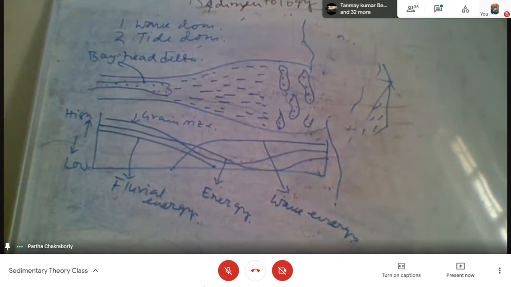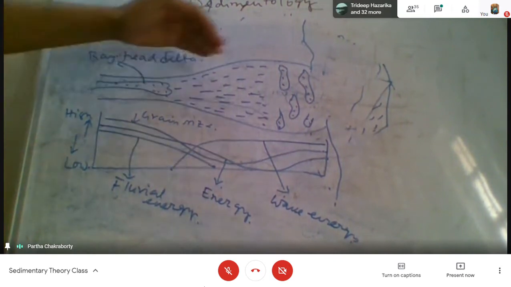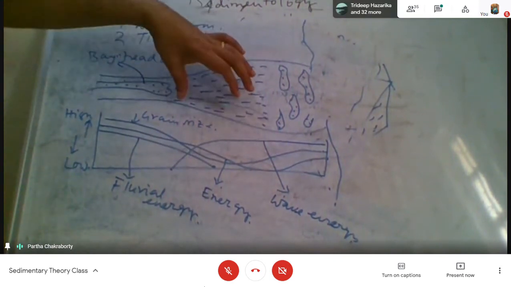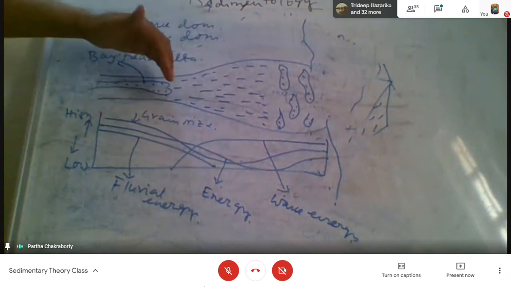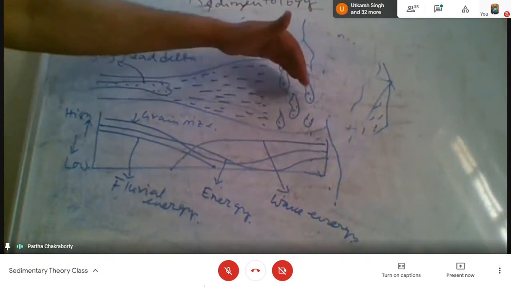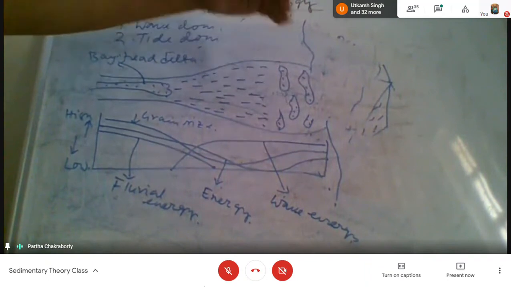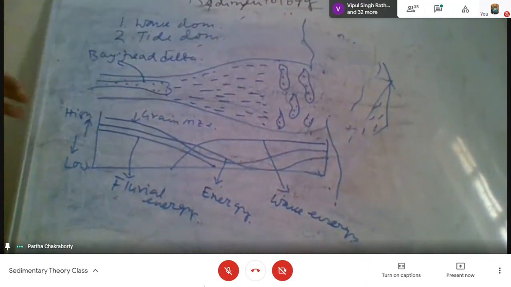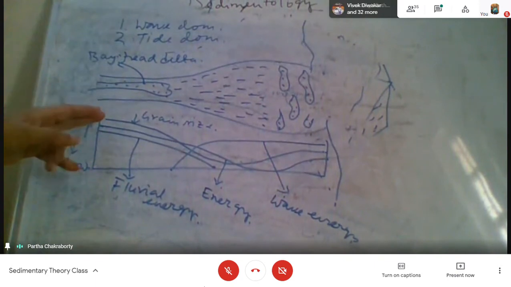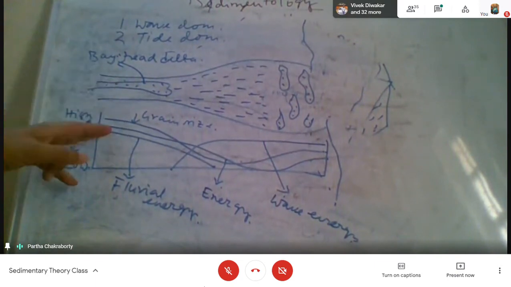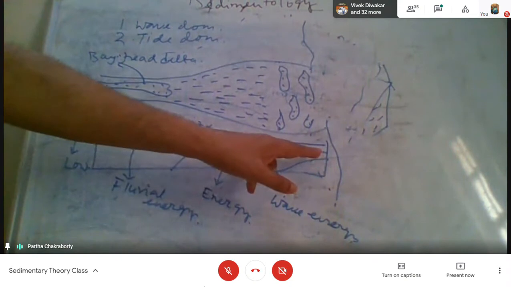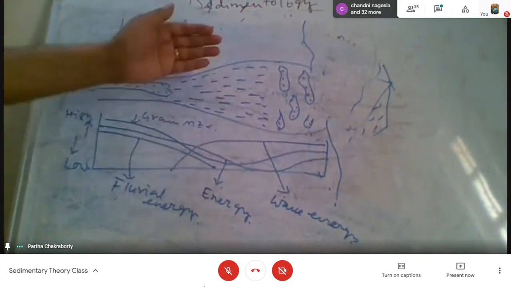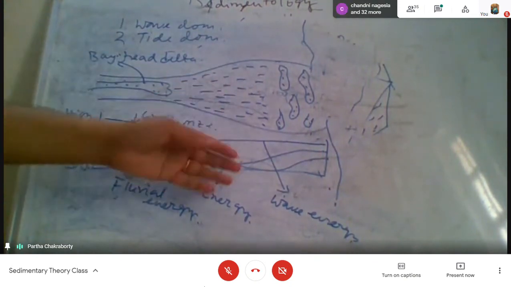Okay, Bayhead Delta, and there will be a low energy environment developed between this Bayhead Delta and the distal bars formed by the wave reworking. If I consider grain size, it is coarse because of the fluvial, and again slightly high here, but in the middle part the grain size is low.